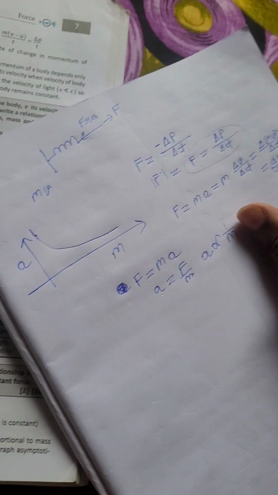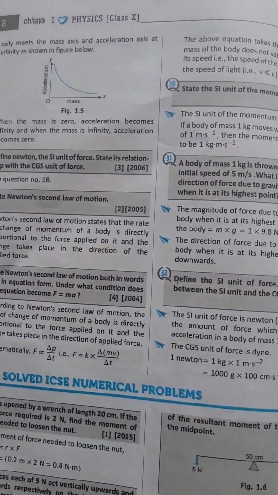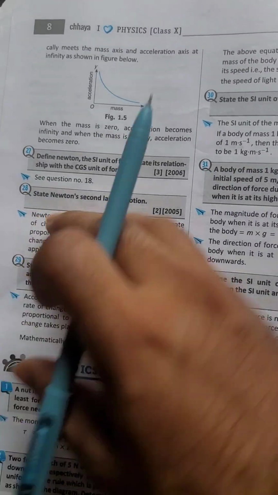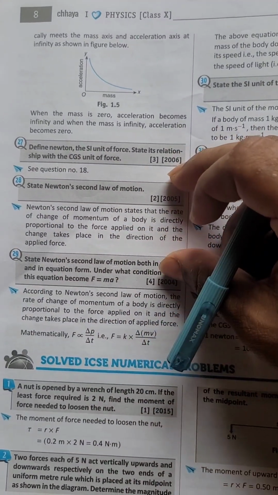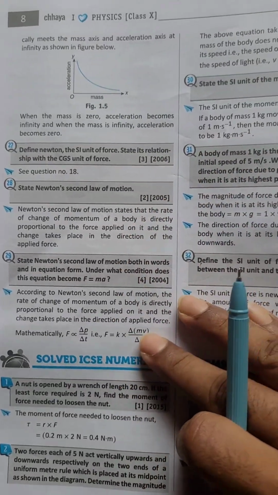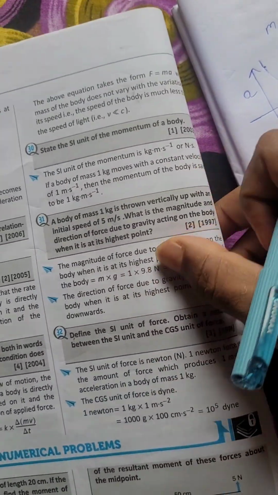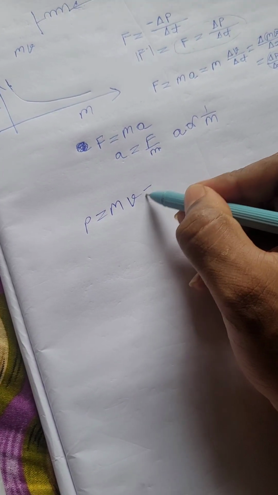Let's see the graph. So that's all the same thing, same stuff. See, the unit of momentum, you know, where momentum is mass into velocity.